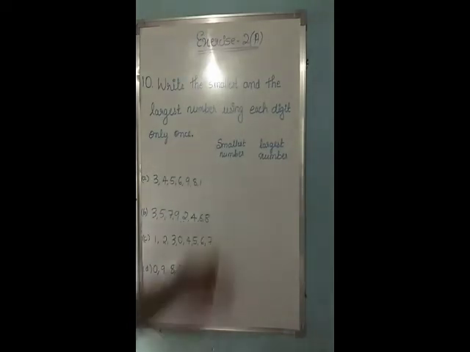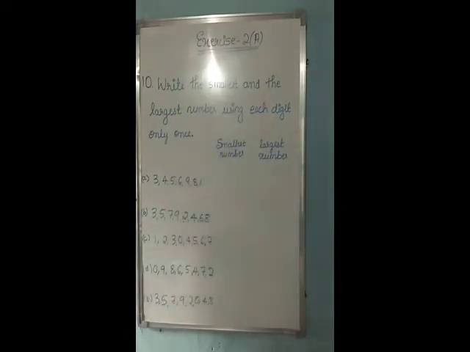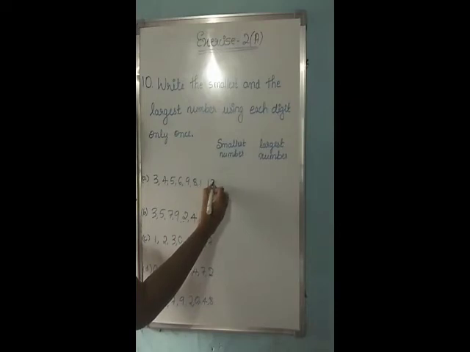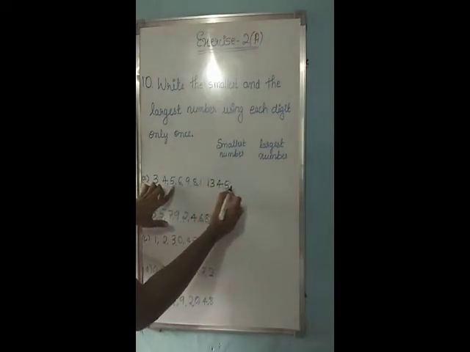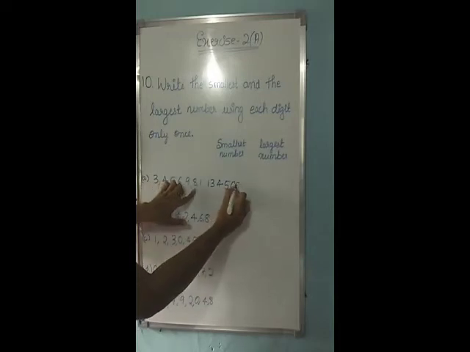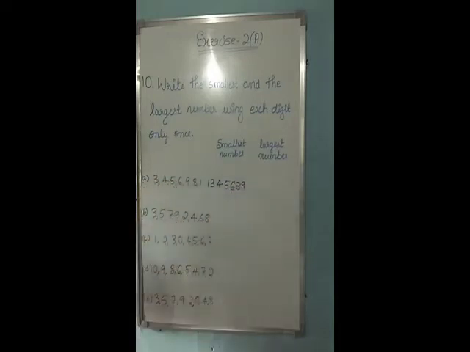Let us write the smallest number and the largest number without repeating digits using the given digits. Arrange the given digits 3, 4, 5, 6, 9, 8 and 1 in ascending order. Then we will get 1, 3, 4, 5, 6, 8, 9.